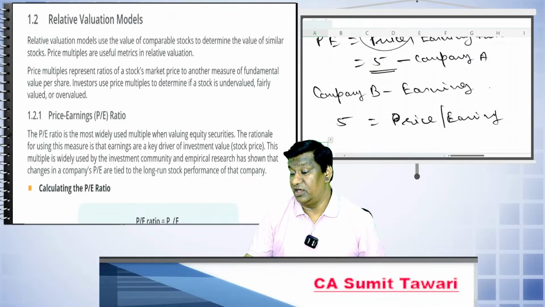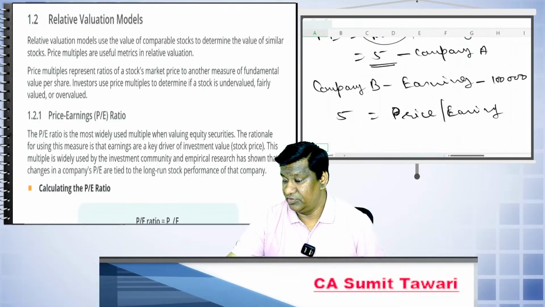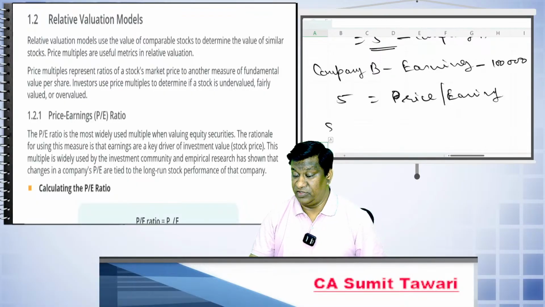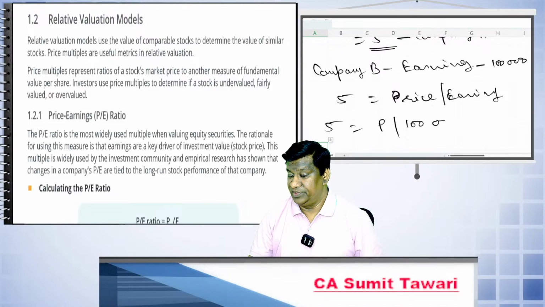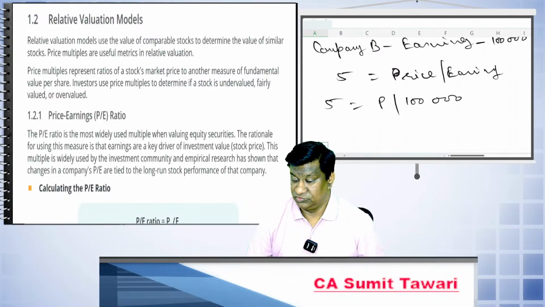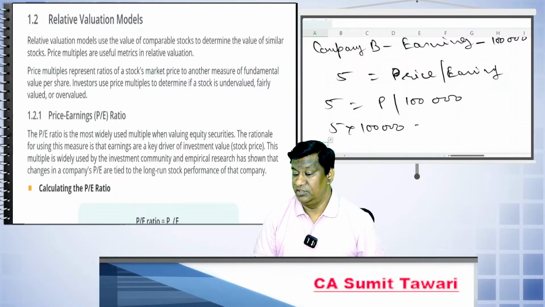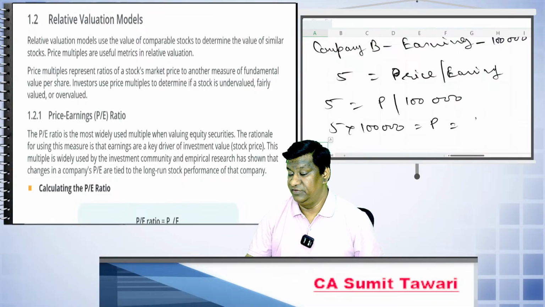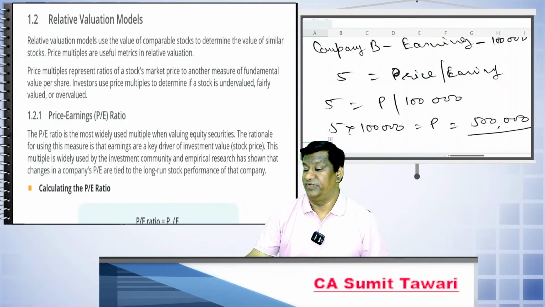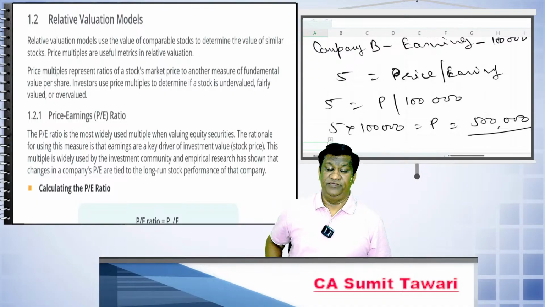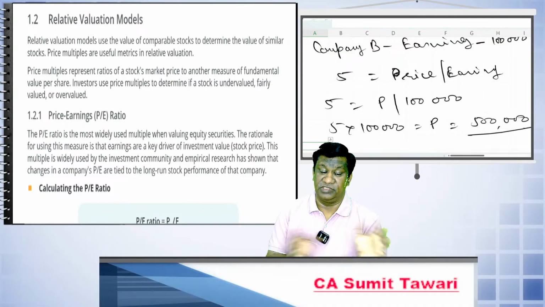If they feel their earning is $100,000, whatever may be, then 5 equals P divided by 100,000. So 5 multiplied by 100,000 equals the value of P, which is 500,000. So the value of company B is 500,000. That we calculate on the basis of the PE ratio of the peer company or the similar company.